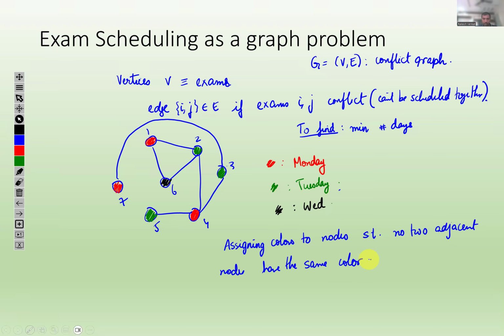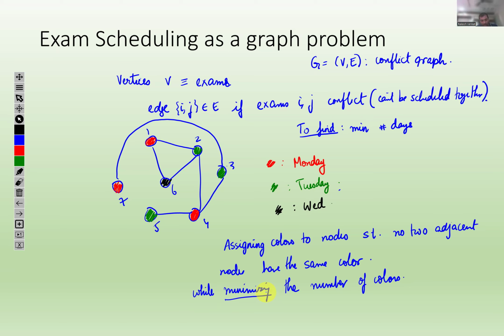We'll define this formally in a moment, but then what we want to do is assign colors to nodes while minimizing the number of colors. And this minimizing is what gives us the minimum number of days that are required.